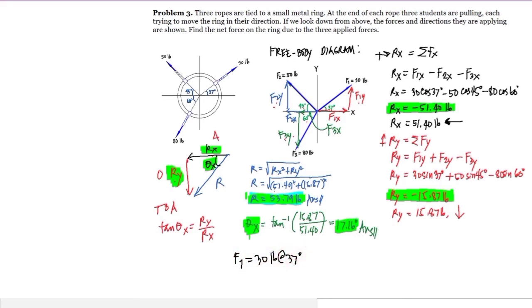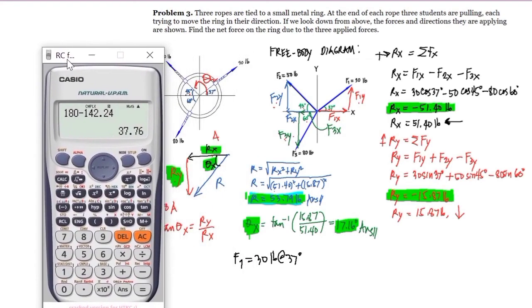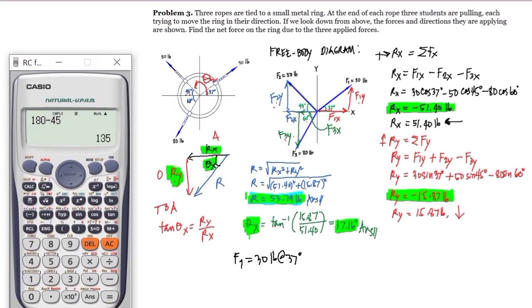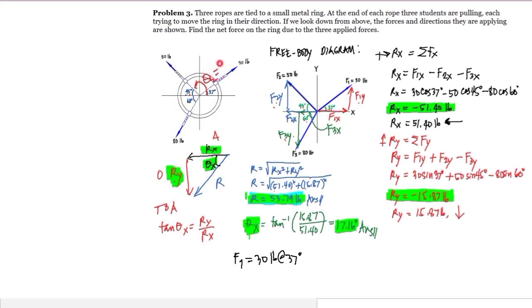Then for the force 2, that is 45 degrees here from the horizontal. So that would be theta 2. So your theta 2 is just equal to 180 minus 45. So we have 135 degrees. So this theta 2 here is equal to 135 degrees.